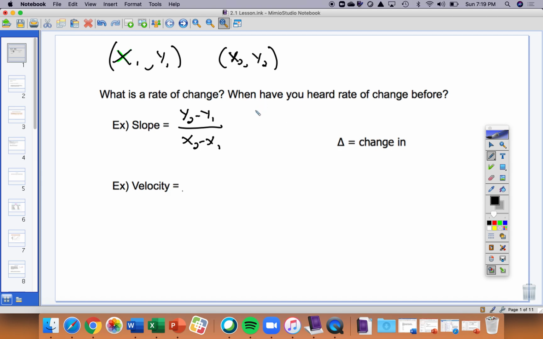But now we're in calculus, so we want to start using math symbols.